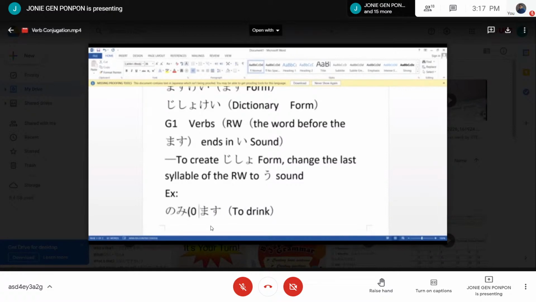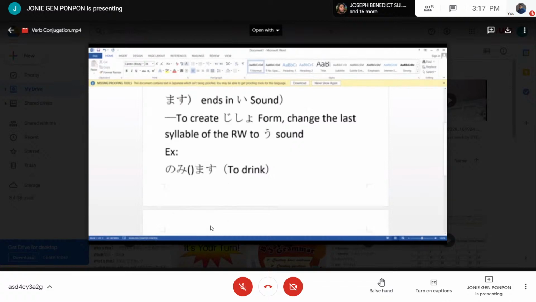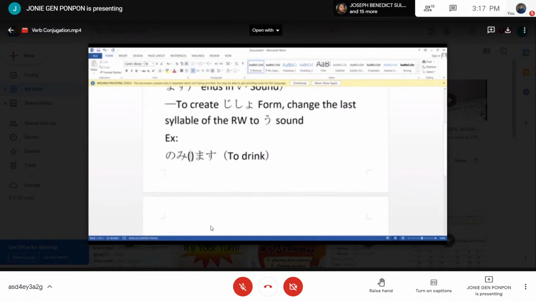The e here, just change the e here to mu. Okay? So the jisho form now of nomimas is nomu.